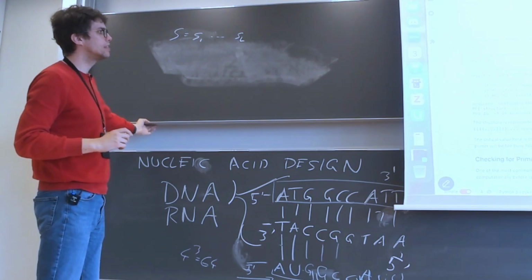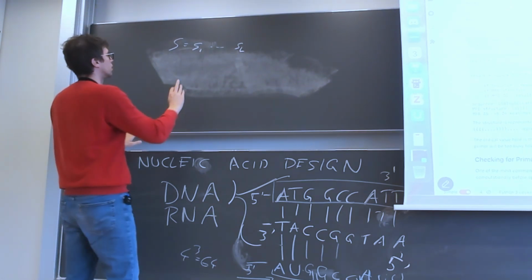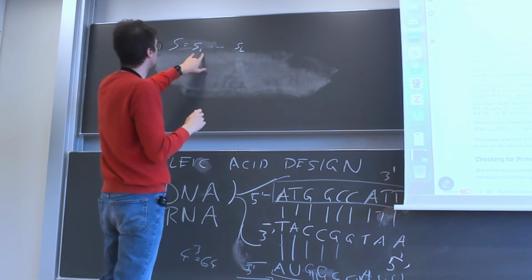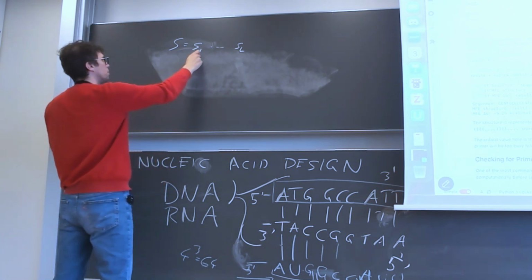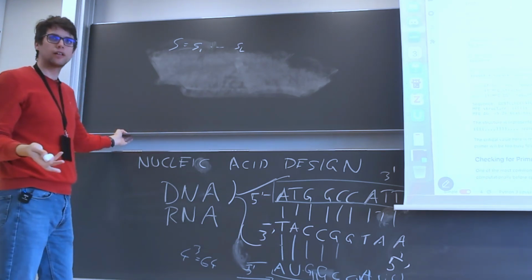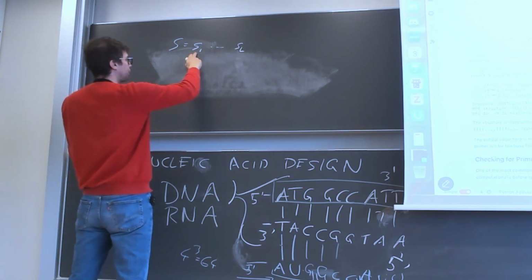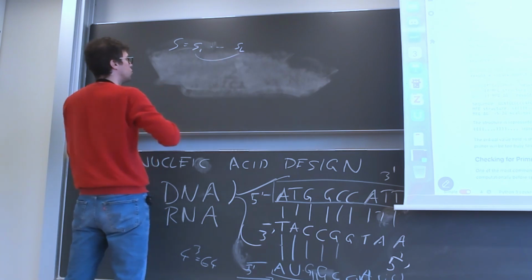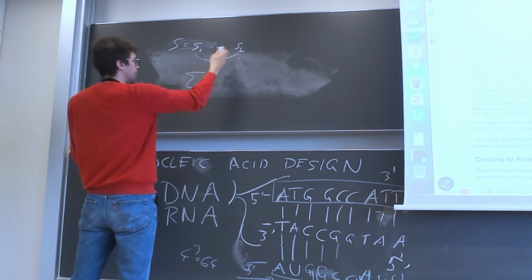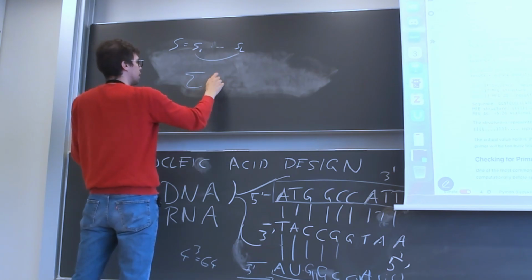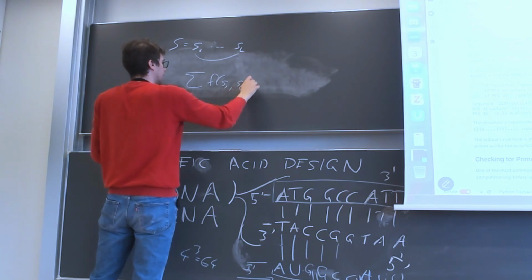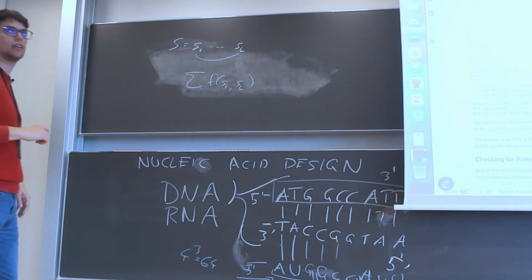The most basic formula for the free energy would be something where we might pair two bases, and we only have one additive term for every pairing that we do. So here, for example, there might be one F of S1 and SF, if we decide that these things are paired.